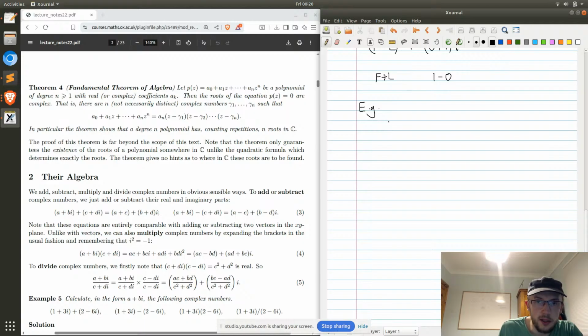Okay, let's just get on with it. So 1 plus 3i plus 2 minus 6i. That would be 3 for the real part, minus 3 for the imaginary part. Now, the difference: negative 1 for the real part, 3 for the imaginary part.